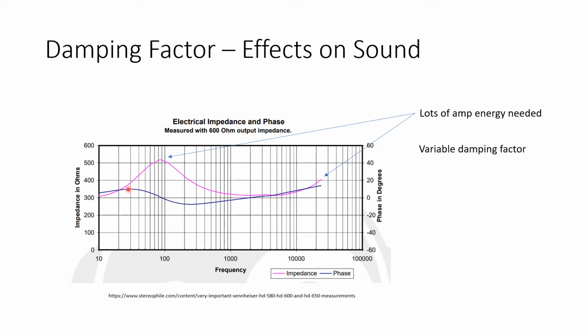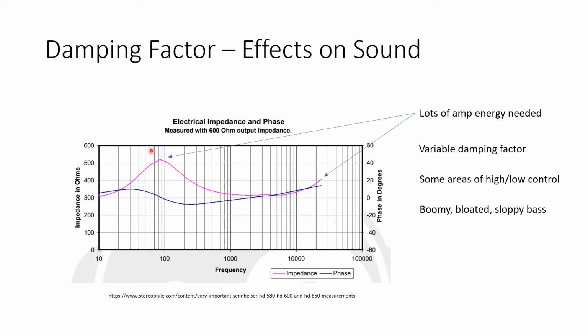Low damping factor here in the really deep sub-bass, and then throughout this region here where the load impedance is relatively low. Okay, and so this means then that we have some areas within the audio spectrum where we have high driver control, and we have other areas where we have low driver control.